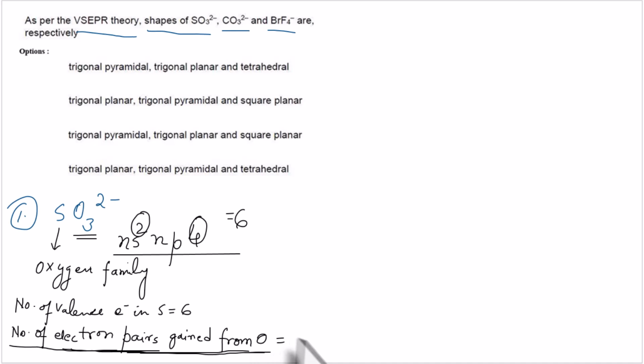Here also we know that SO3 has doubly bonded oxygen. So in this case as well, the number of electrons gained from oxygen will be 0.